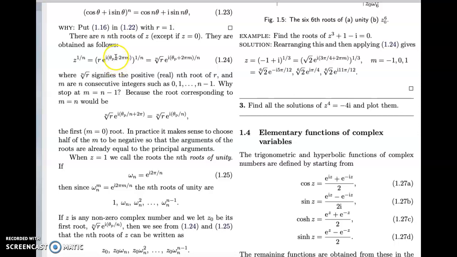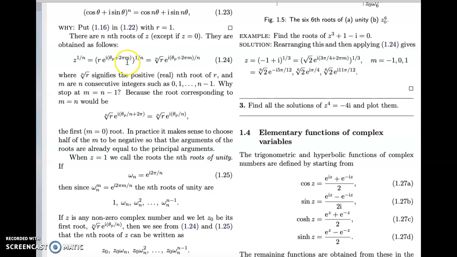And then we're always allowed to add 2 pi m, where m is an integer, because all that's saying is really we're adding 360 degrees, or 2 pi radians, to the argument, which we're allowed to do as many times as we like.